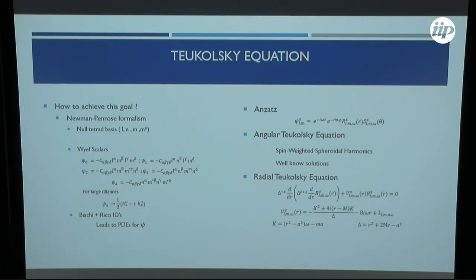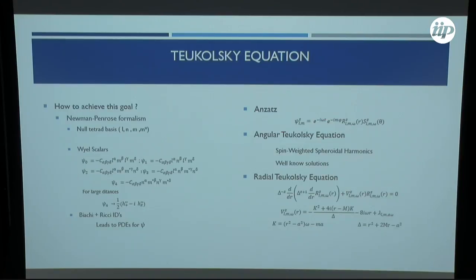So this is a weird quantity to compute, but if you go to large distance, you can see that psi 4 is basically derivatives of your h cross and h plus. So he was able to get to a differential equation for psi 4.